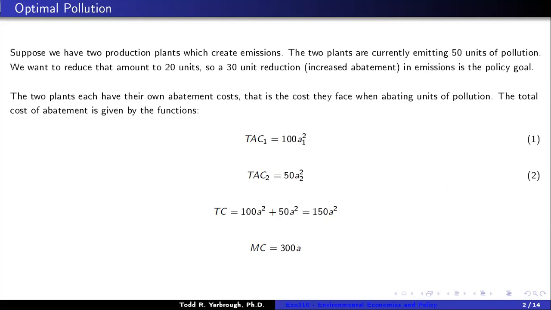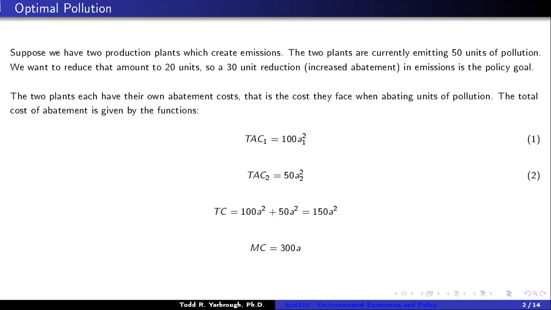And we can see that the total abatement cost for society, if you want to think about it this way, so both firms, is 150A squared. Then we compute the marginal cost of abatement from that function, and we get a marginal cost of abatement of 300A. And again, A here is abatement, so it is pollution reduction.